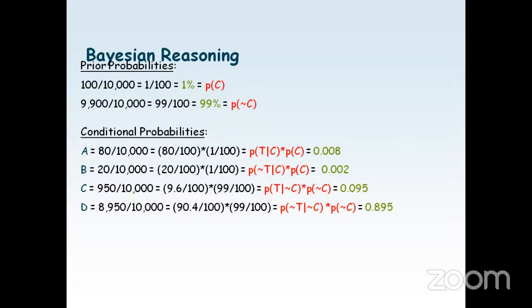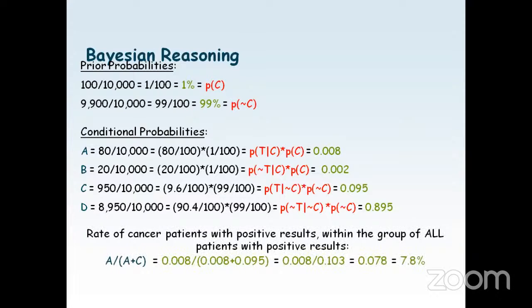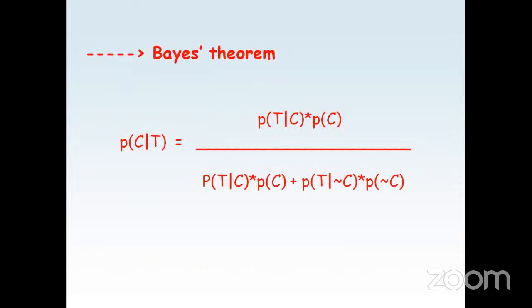A comes as 0.008, B 0.002, C 0.095 and D 0.895. So the rate of cancer patients with positive results within the group of all patients with positive results comes as A divided by A plus C, which is 7.8 percent. So this is the formula we are applying.